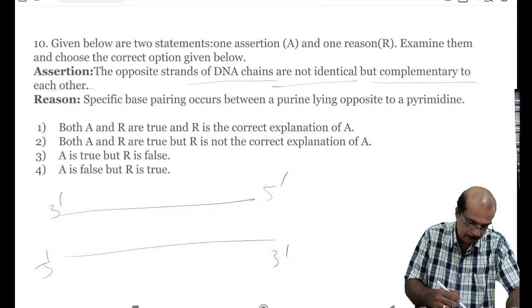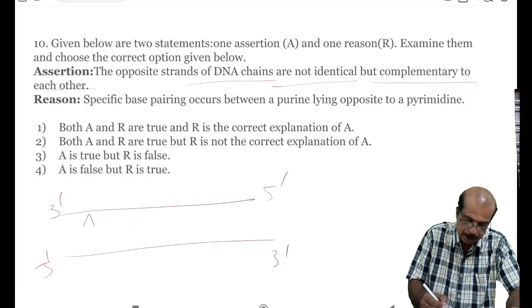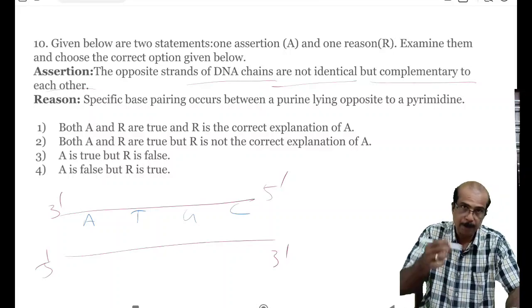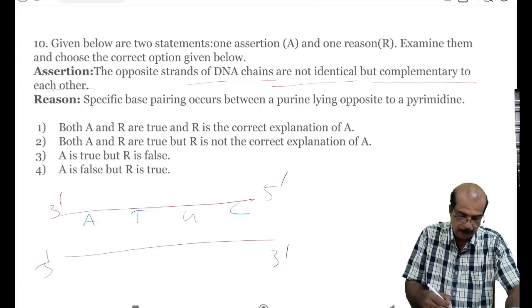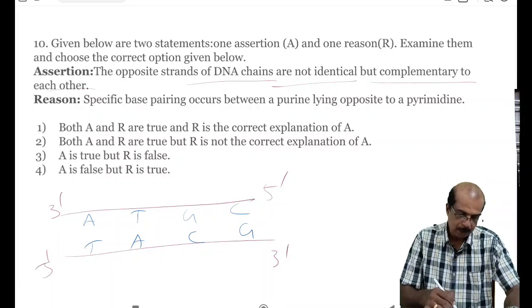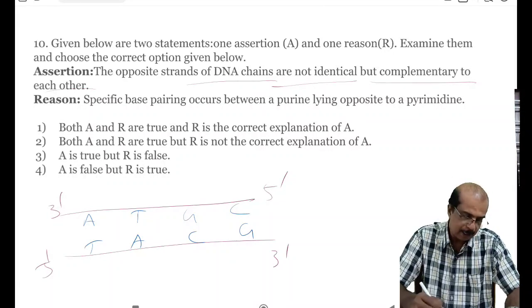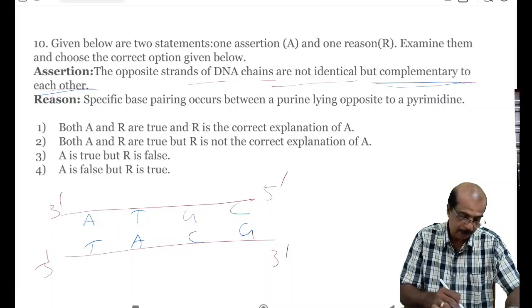Here nitrogen bases A, T, G, C. The nitrogen bases in the other strand will be T, A, C, G due to complementary pairing. If we examine, these two strands are complementary to each other, correct. But if we examine the nitrogen base sequence, here it is ATGC, here it is TACG.